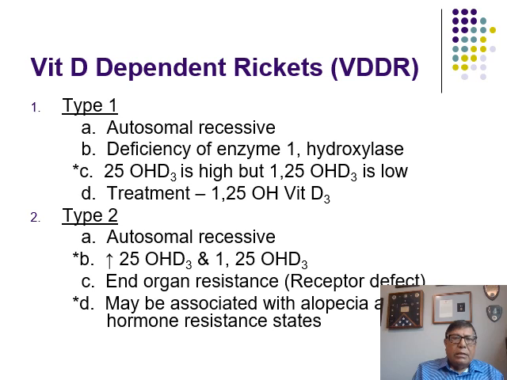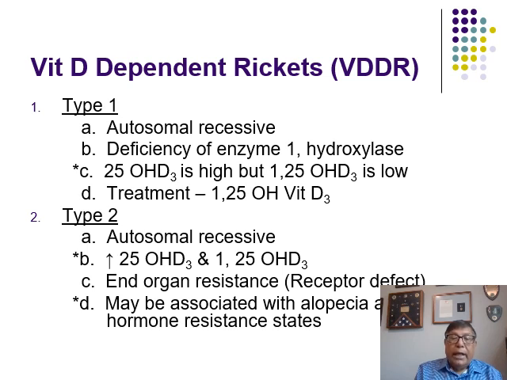Now there are two rickets that I'm going to talk to you about, and this comes in your test, for those who are going to make probably more than 90th percentile. Vitamin D dependent rickets type 1 is autosomal recessive, and basically this patient has deficiency of the enzyme 1-alpha hydroxylase.